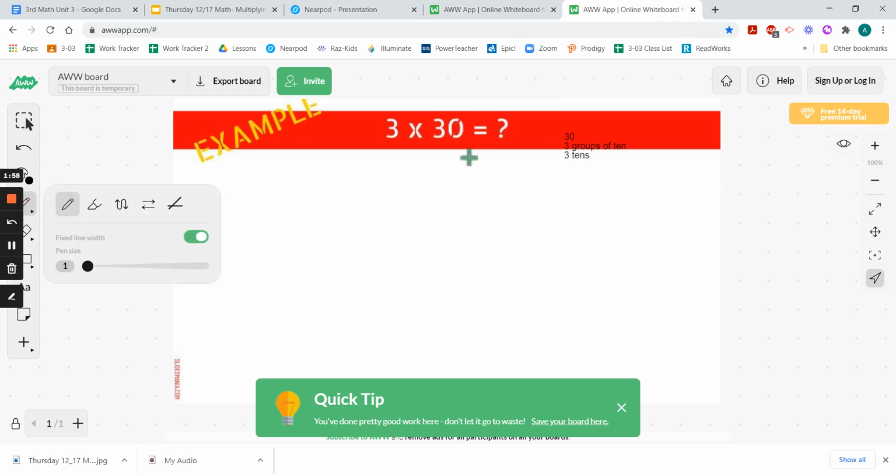So I can write 30 as 3 times 10. So my multiplication expression 3 times 30 is really another way of writing 3 times 3 times 10.